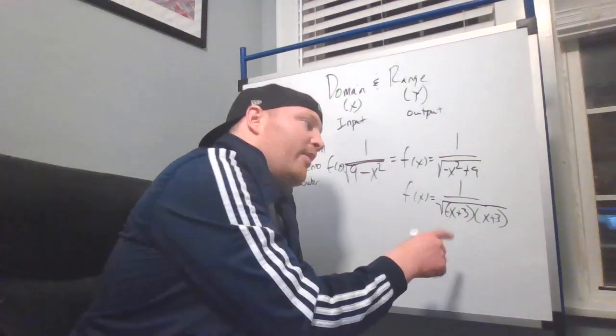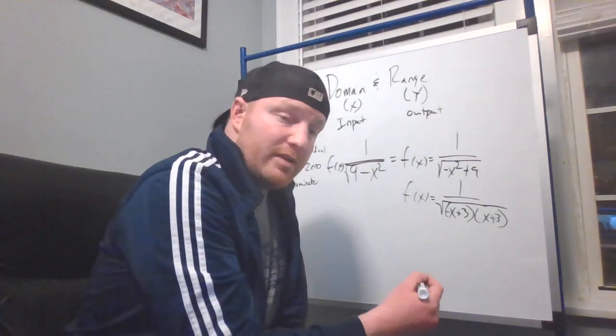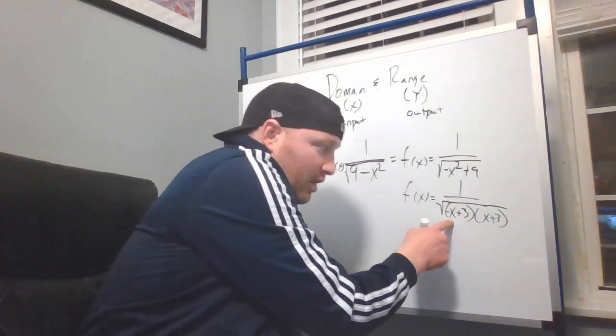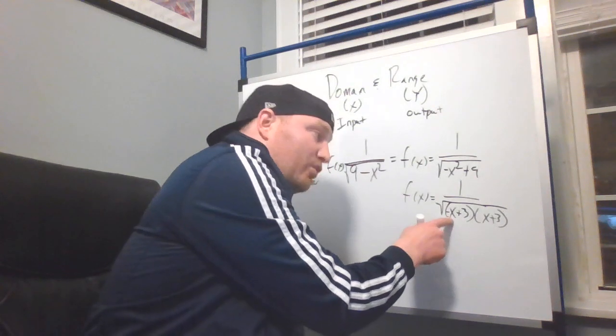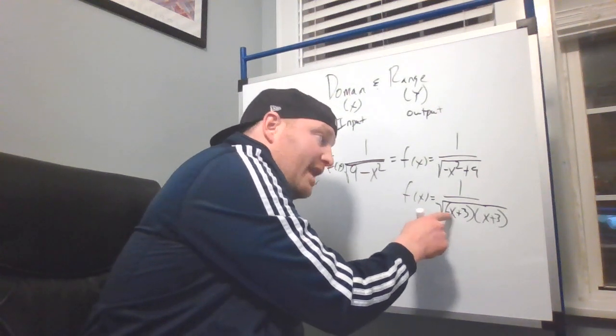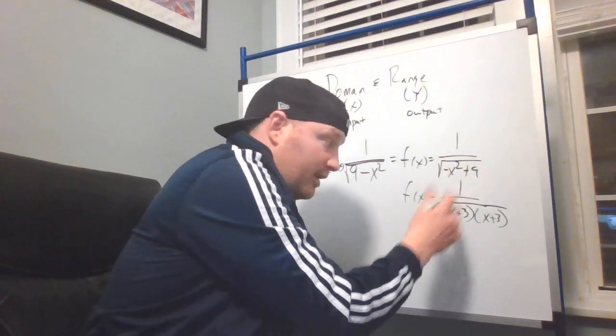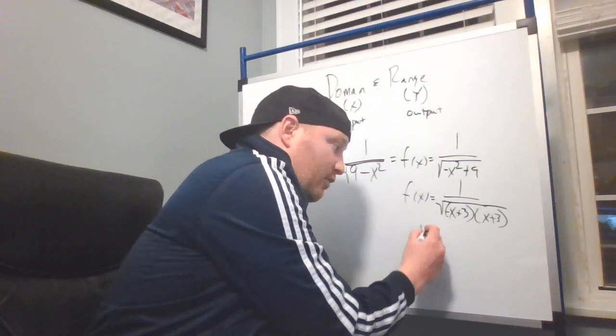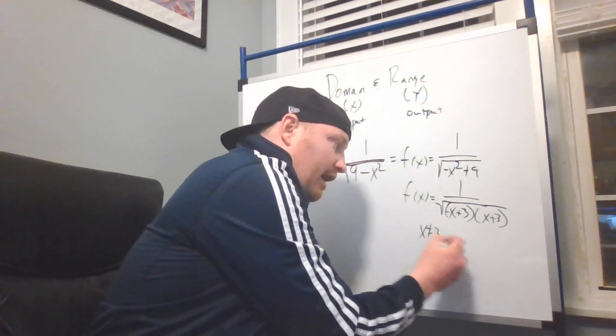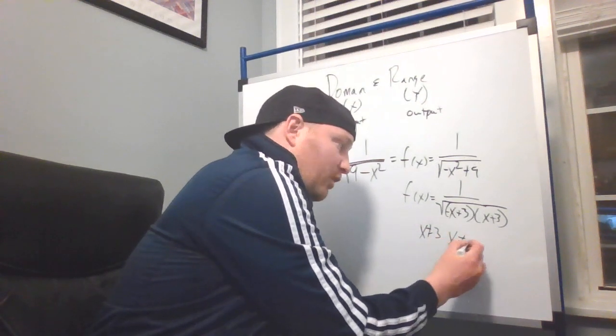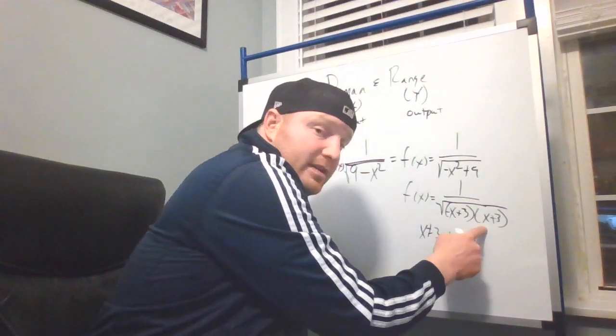Now, here's where we're bound by some rules, and this is where we have to think a little bit, doing this domain stuff. I know that if x is 3 in this case, this would be negative 3 plus 3 equals 0. 0 times 6 would be 0. I know that x cannot equal 3. I also know x cannot equal negative 3 because that makes this 0.